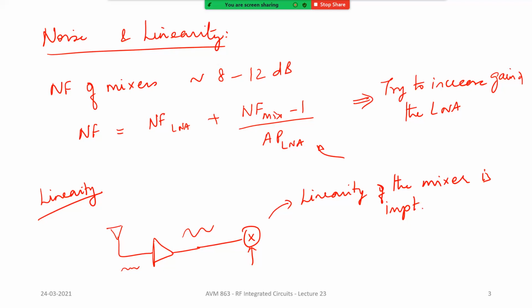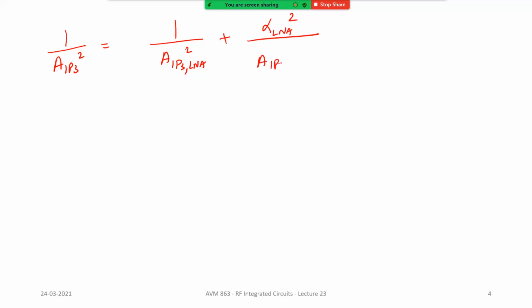Okay. Now, if you recall the expression that we derived, the cascaded IIP3 point can be written as A_IIP3, let's say this is for the total, equals the LNA's A_IIP3 plus the gain squared, alpha_LNA squared, divided by A_IIP3 of the mixer squared.